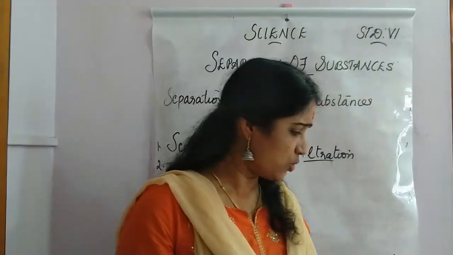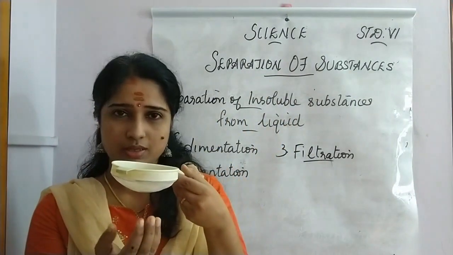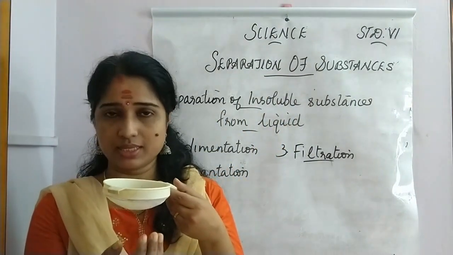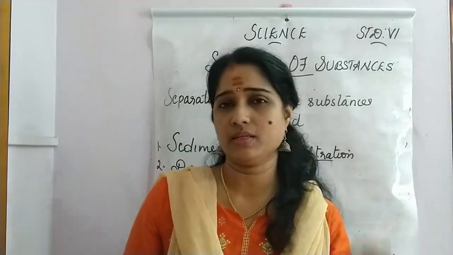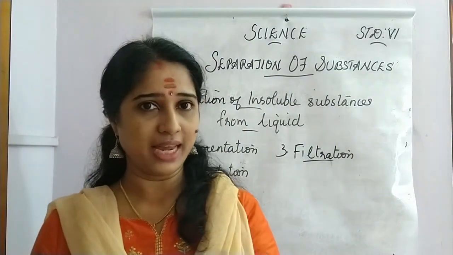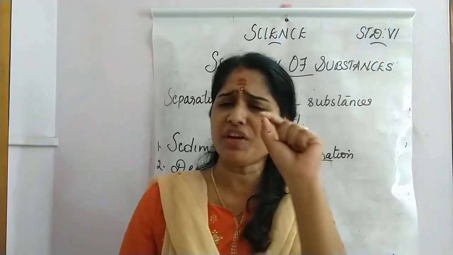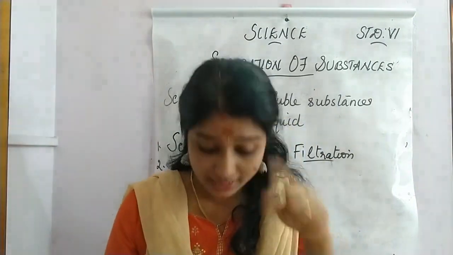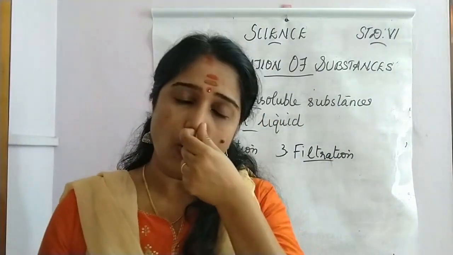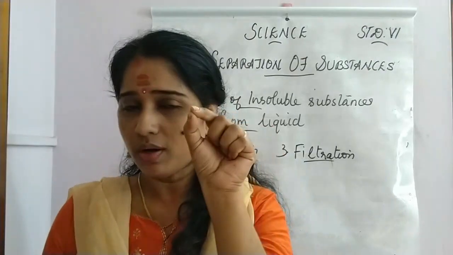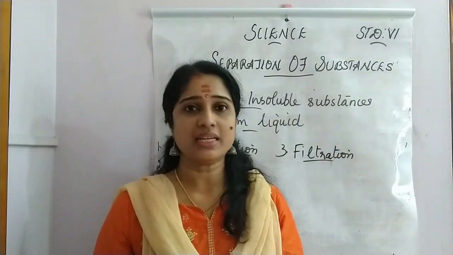This is not that small, so it is for filtering comparatively bigger substances. But the air consists of very, very small particles. In such conditions, the holes are very, very small. The filters used in air conditioners and water purifiers all have minute holes that help them to filter clearly.